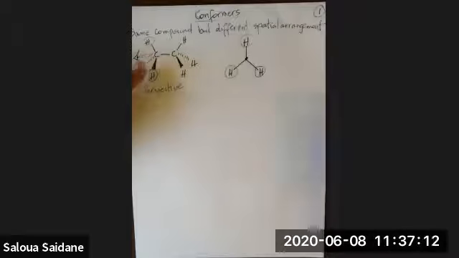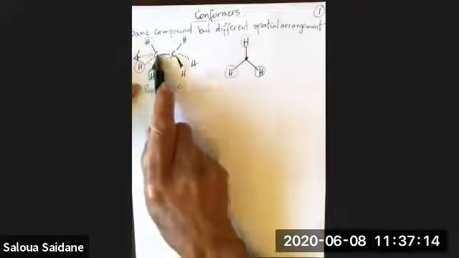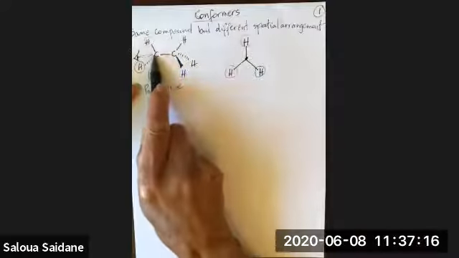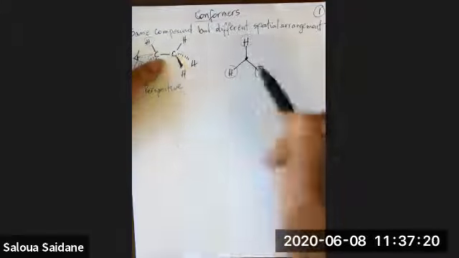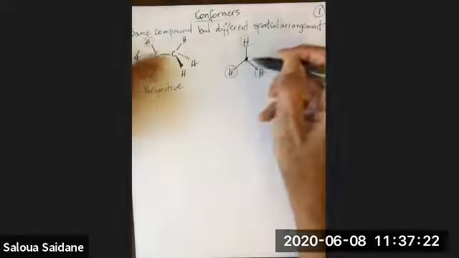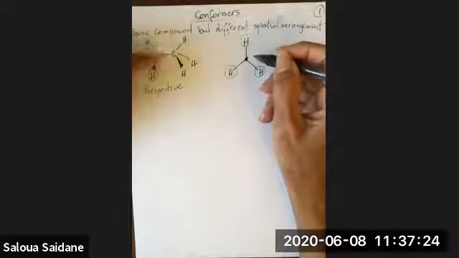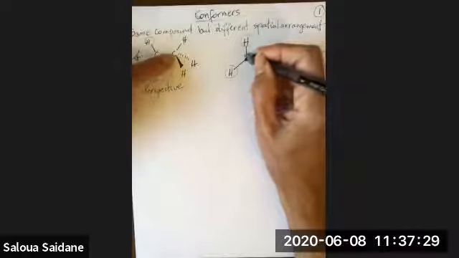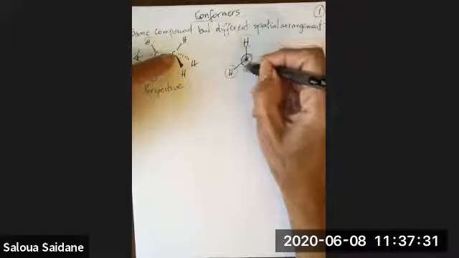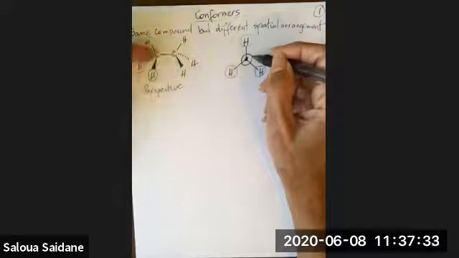But we won't see this bond because it's going to be hidden, but we have a carbon right behind it. So how do we differentiate this carbon from this one? For this, I put a dot. For this one, we put a circle. So the circle means it's a carbon behind the front carbon.